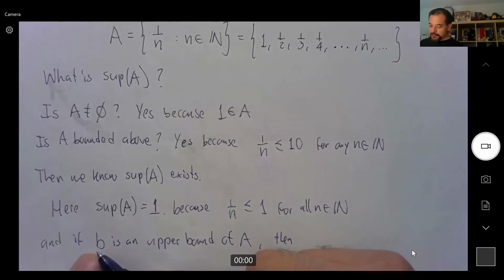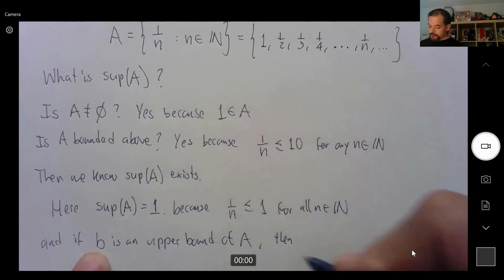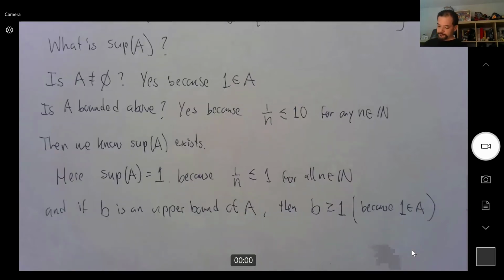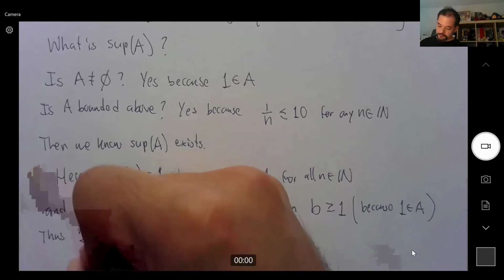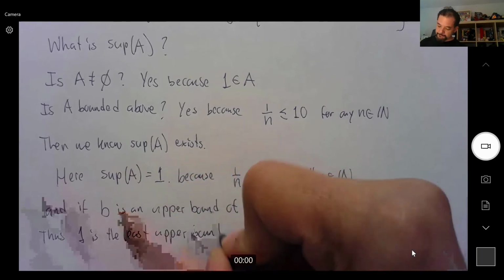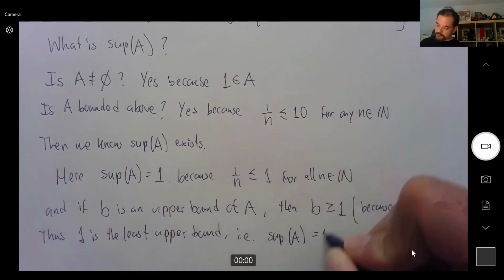In particular, B has to be bigger than the first number that I wrote here, because it is one of them. Then B is greater than or equal to 1, because 1 belongs to A. And I just showed you that 1 has to be the least upper bound, because any other upper bound is bigger than 1. In other words, the supremum is actually 1.